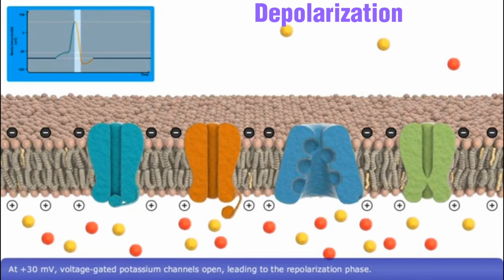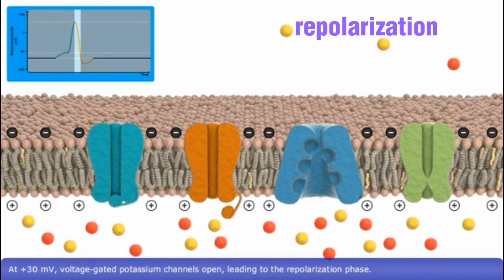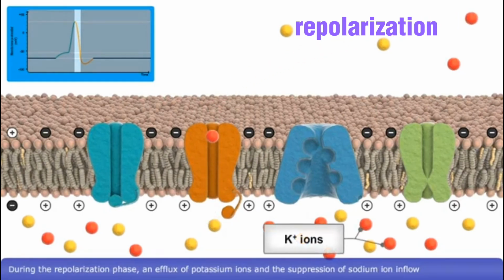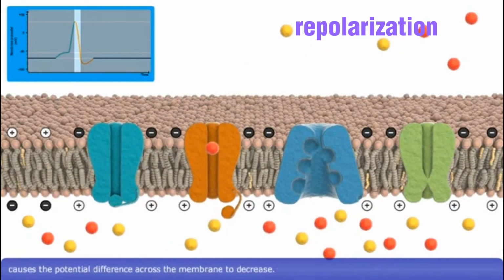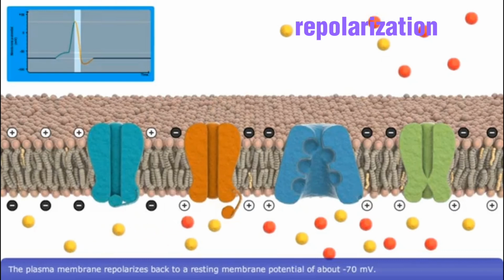repolarizing phase. In repolarization, the outflow of potassium ions occurs and the plasma membrane is repolarized by intracellular negative charge and extracellular positive charge. The potential difference across the membrane decreases due to repolarization to about minus 70 millivolt.